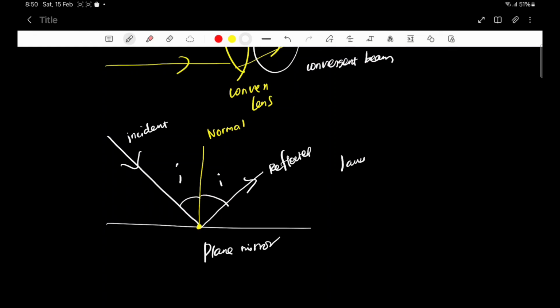Regardless of the mirror type, whether a plane mirror, spherical mirror or parabolic mirror, whatever the shapes and sizes, all mirrors obey these laws of reflection. In fact, all reflective surfaces and mirrors work based on the laws of reflection. We can see how this is the case.